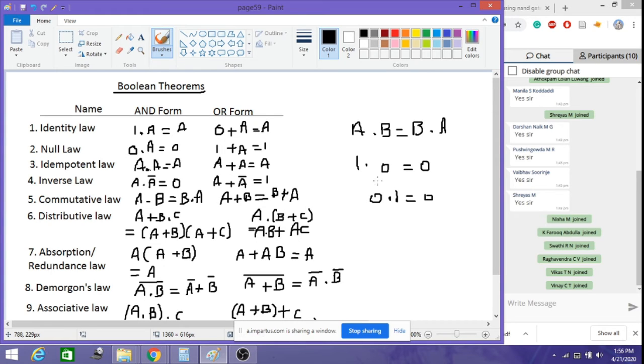It means the product of A and B is equal to the product of B and A. So that is what the commutative property is. Now let us look into the OR form of this. The OR form says A plus B is equal to B plus A.